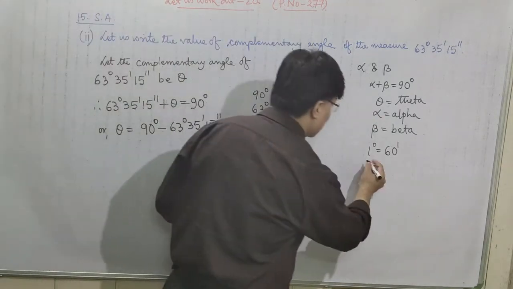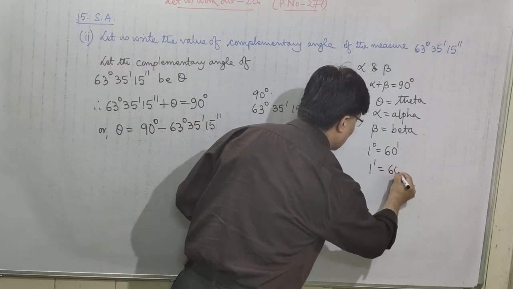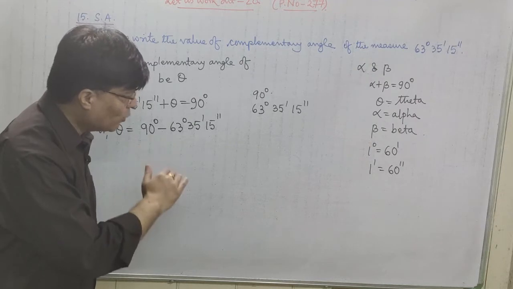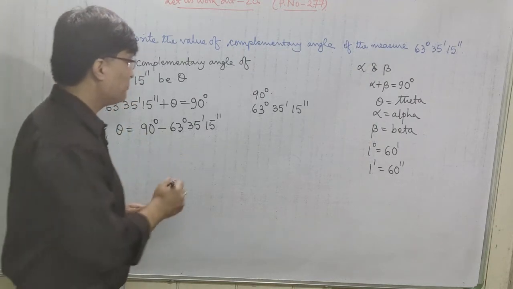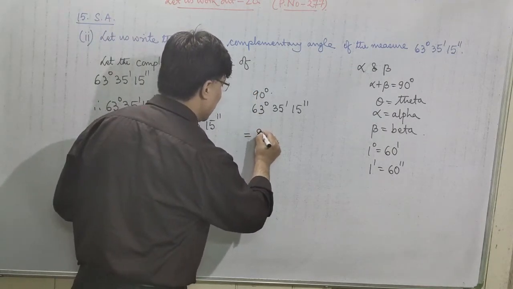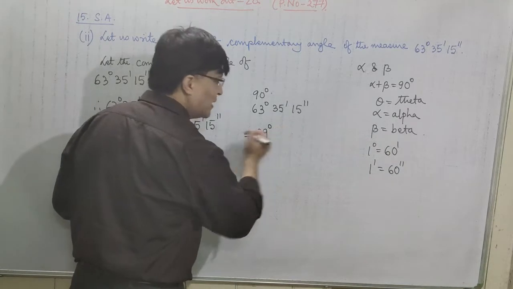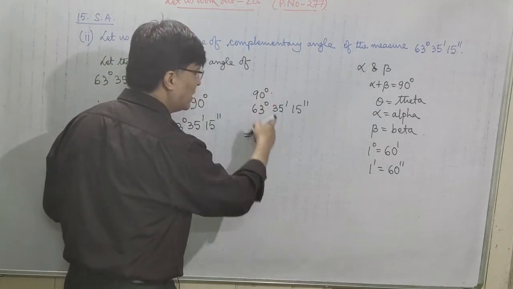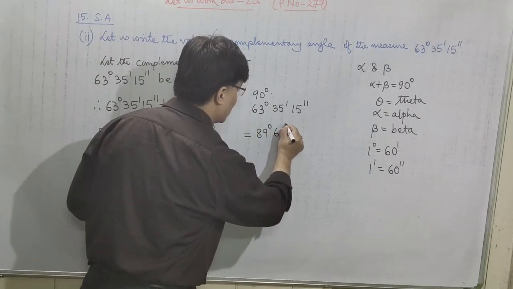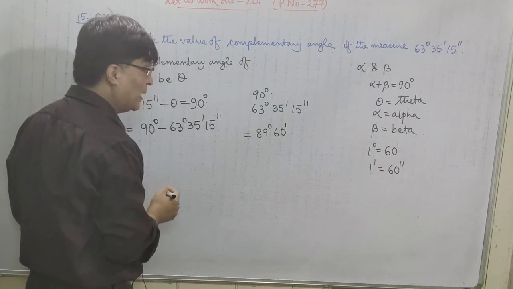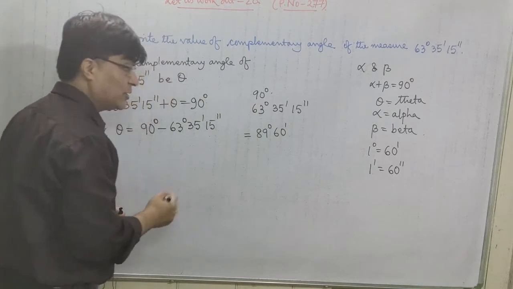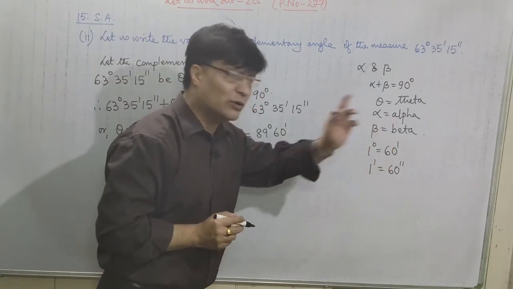So now 90 degrees can be written as 89 degrees and 1 degree, isn't it? 89 degrees and 1 degree will give you 90 degrees, and you know that 1 degree is 60 minutes. So we can write 60 minutes. Again, you have to convert these 60 minutes into minutes and seconds. And you know that 1 minute is equal to 60 seconds.